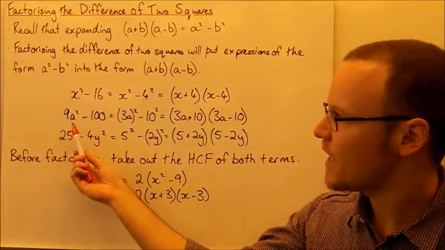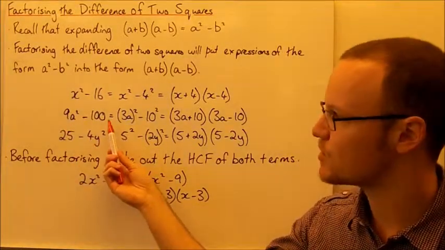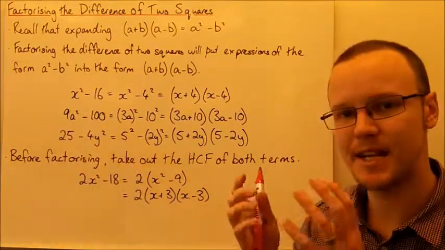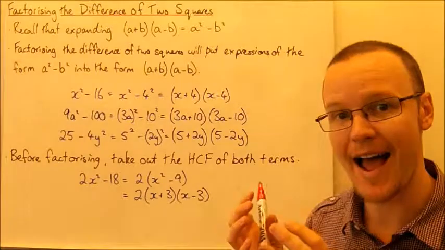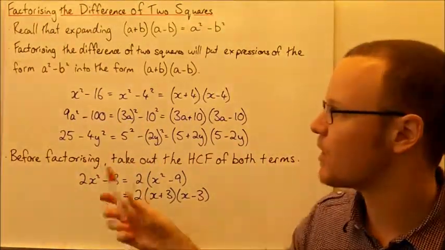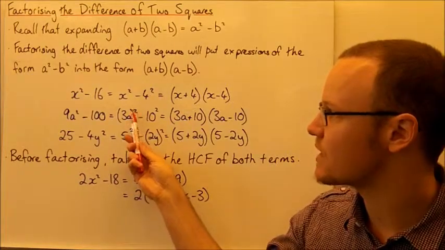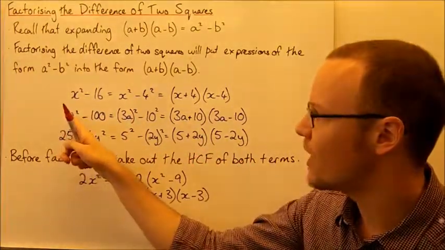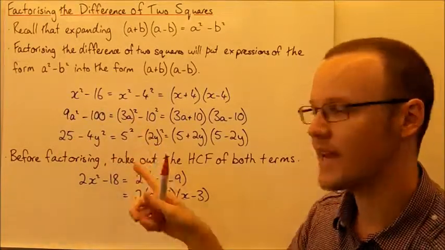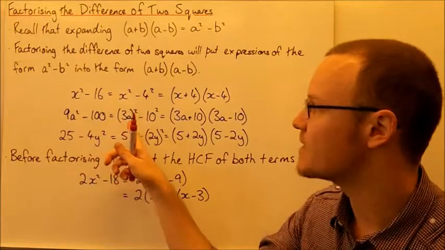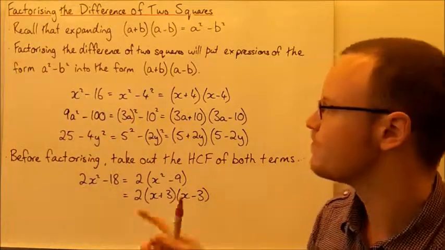Now if we look at 9a squared minus 100, this first term here, to find exactly what a squared is, we need to make sure that we take the square root of the whole thing to show exactly what that whole term squared is. So 9a squared is actually 3a all squared, because 3 squared is 9 and a squared is a squared.